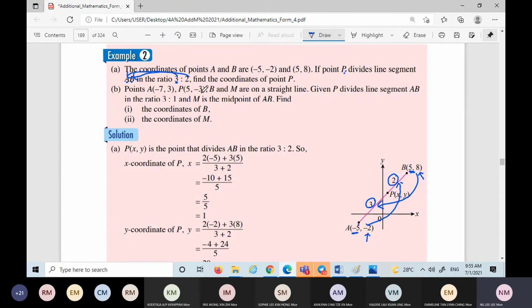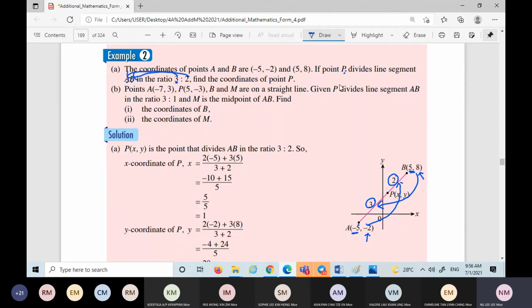Points A, P, B and M are on the straight line. Given P divides line segment AB in the ratio 3:1. These are very important keywords here. You've got to know what is the meaning. So I repeat again.